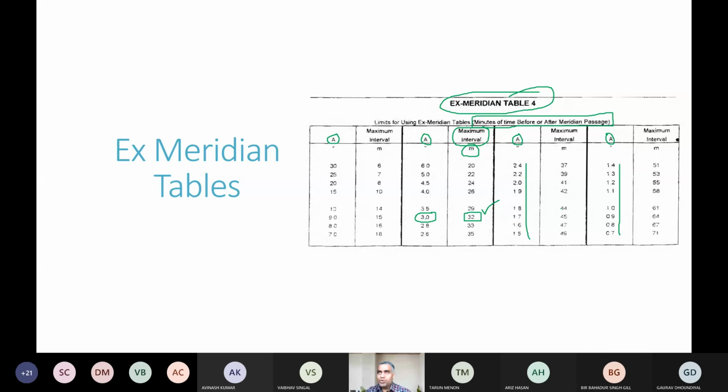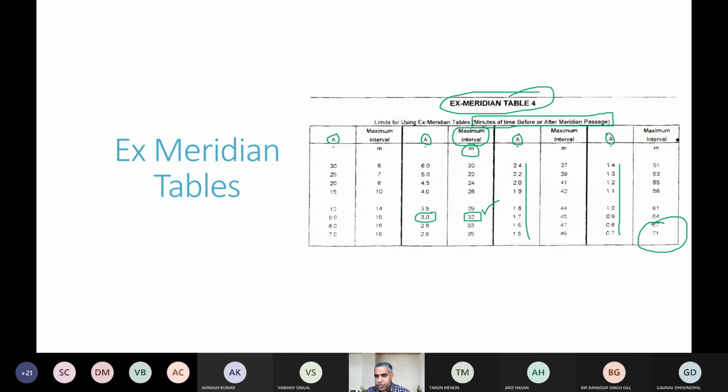Another important thing which you should be aware of, somebody can ask you, from this table, beta, can you see what is the maximum time interval for the x meridian limit of a body? It shows 71, sir, factor 0.7. Yeah, that's right.